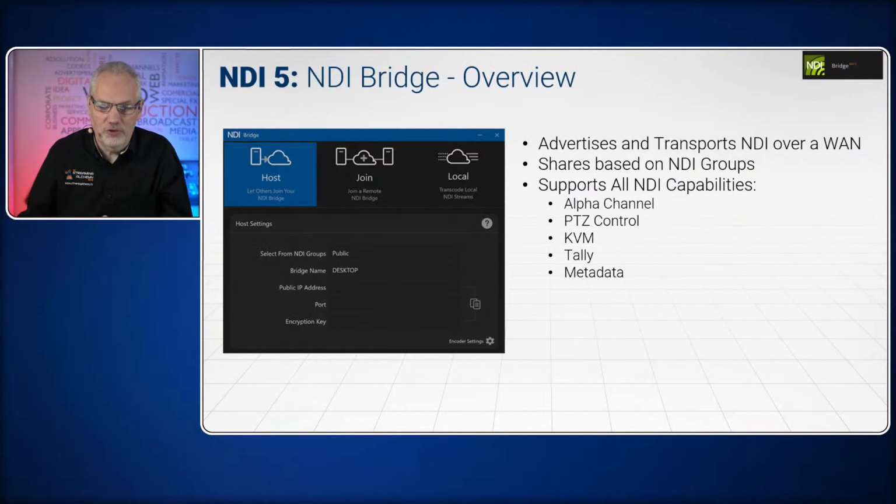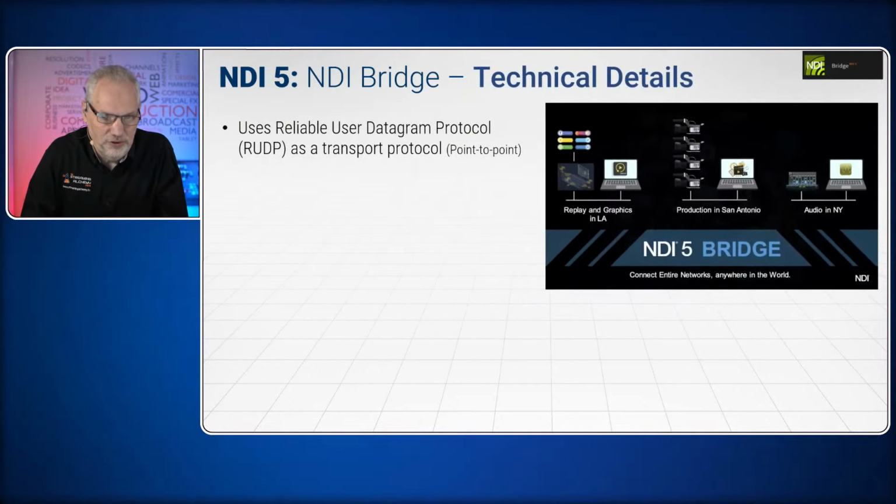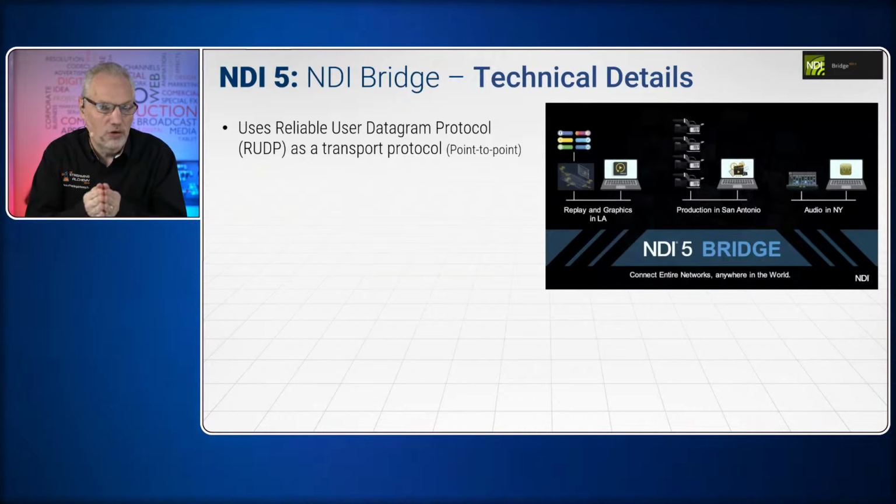So with all of these as the core capabilities, if we start to think more about the technical details, this is where it becomes interesting. So NDI Bridge uses a protocol called RUDP, Reliable User Datagram Protocol.